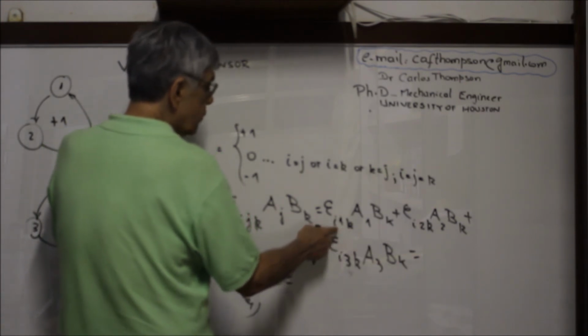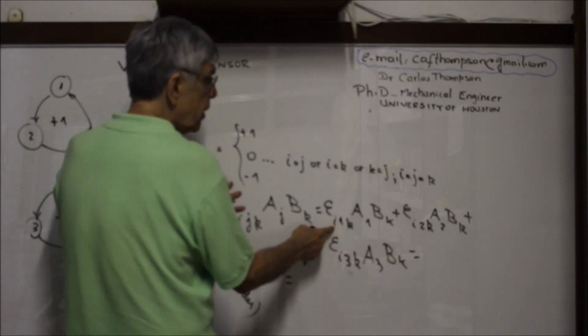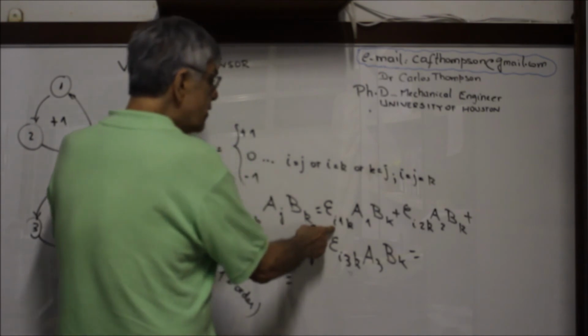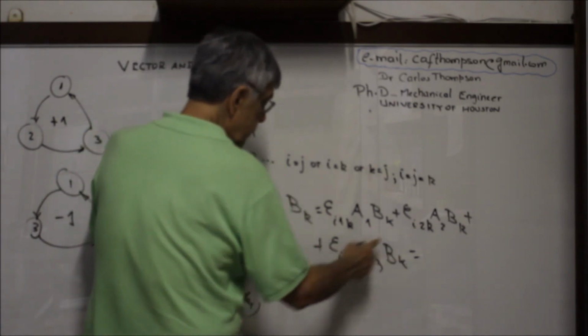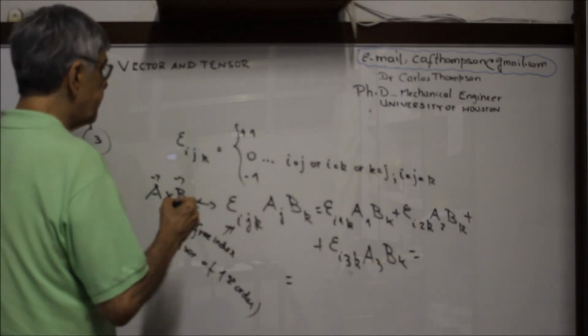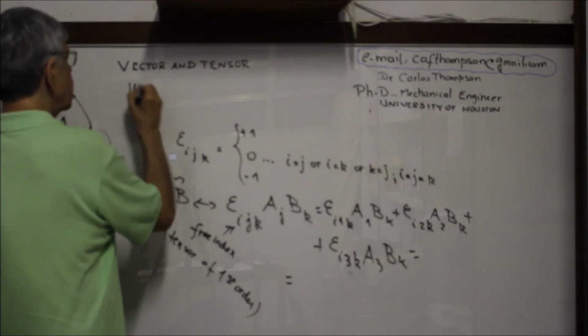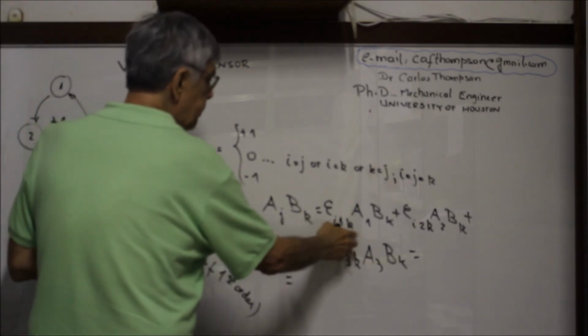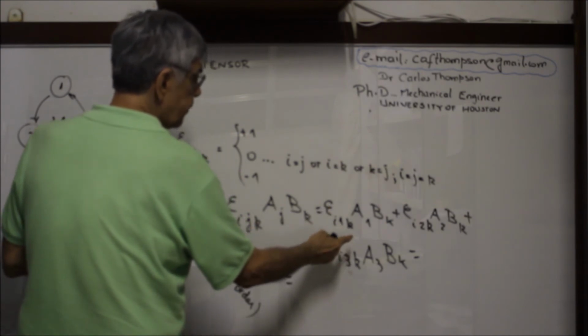So if i is equal 1, for sure this term is 0. So let's write here i is equal 1. I will not repeat this term because epsilon 1, 1, k will be 0.